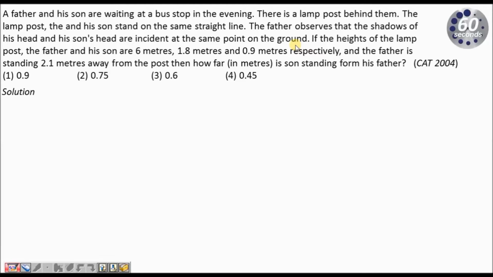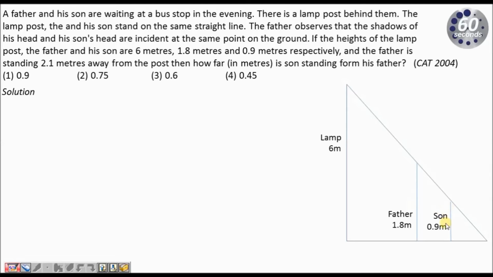So the diagram is something like this. This is the lamp post, this is the father standing, and this is the son standing. And the shadow is incident at the same point, right? And it is given with the heights of the lamppost, son and father.